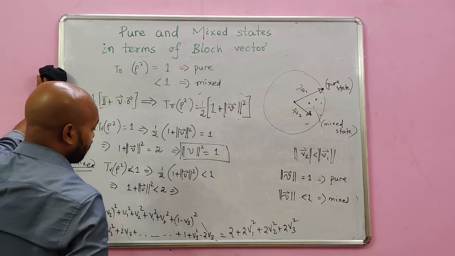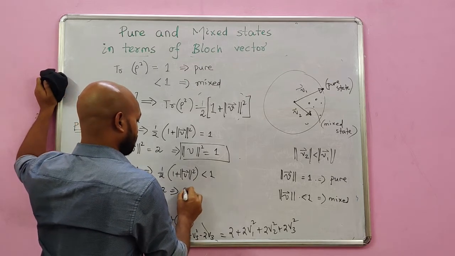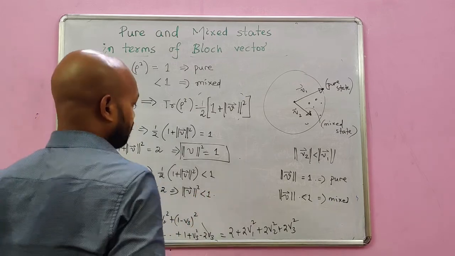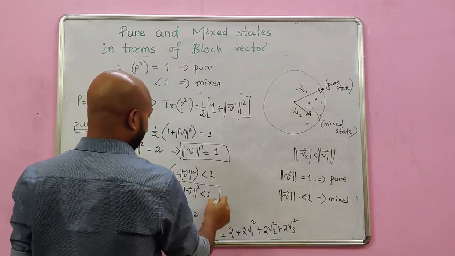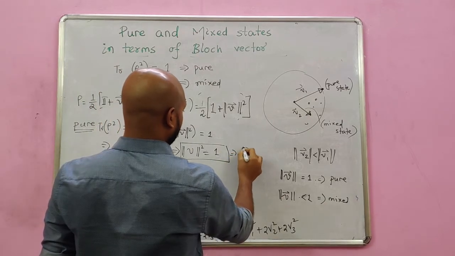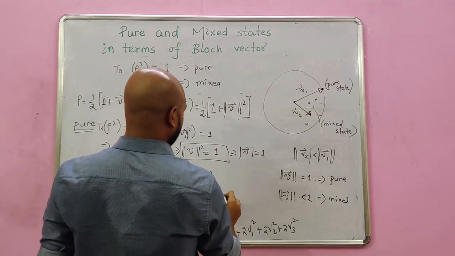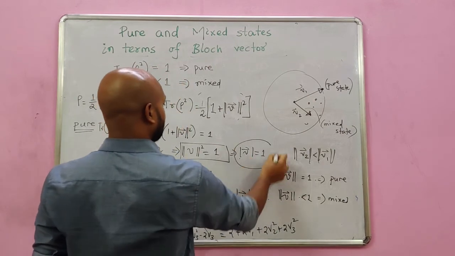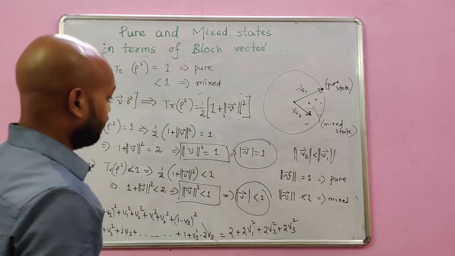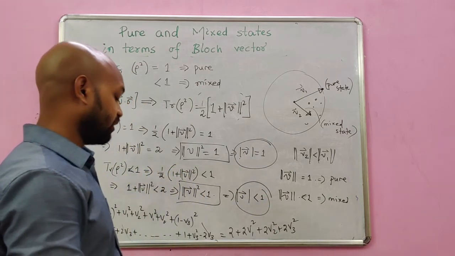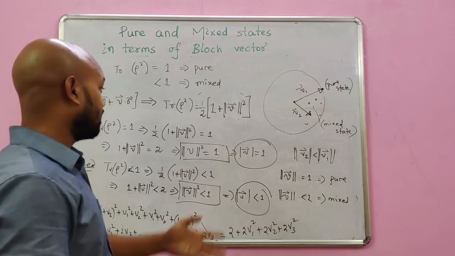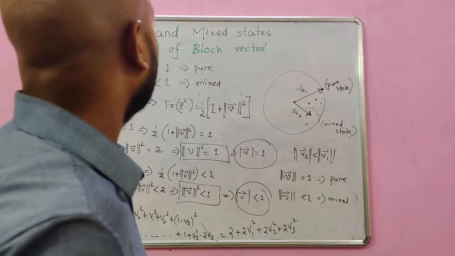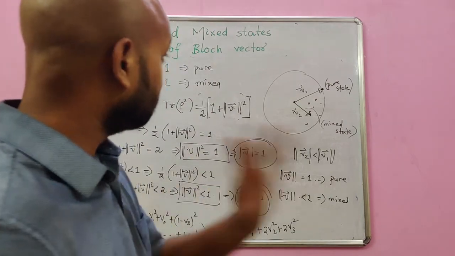I subtract 1 from both sides to get V mod square less than 1. And then I generalize it: for a pure state the magnitude should be equal to 1, and for a mixed state less than 1. And this is how we could connect the trace definition of distinguishing a pure and mixed state to the Bloch vector definition of distinguishing the pure and mixed state.